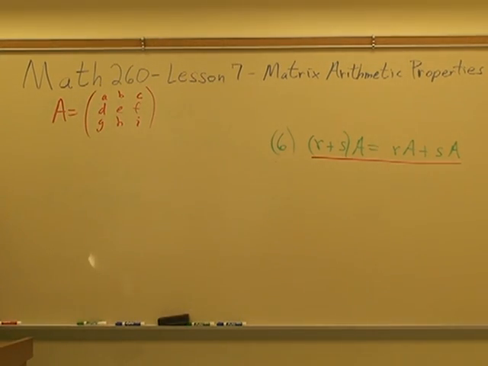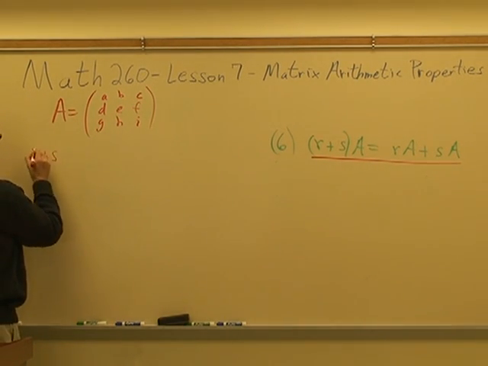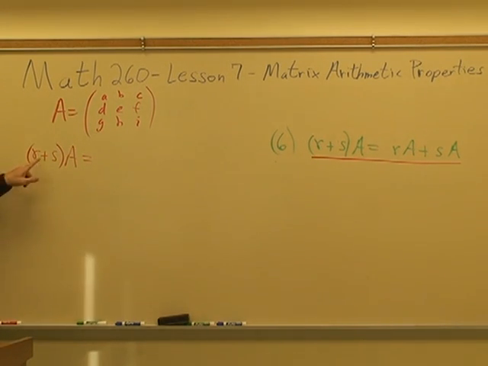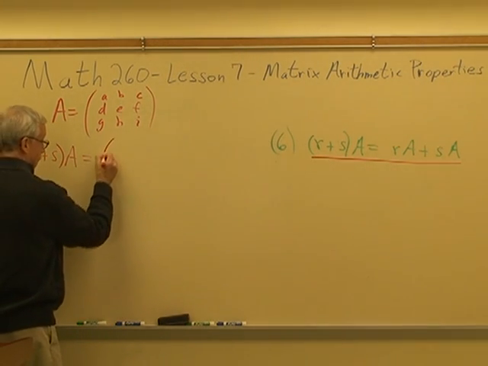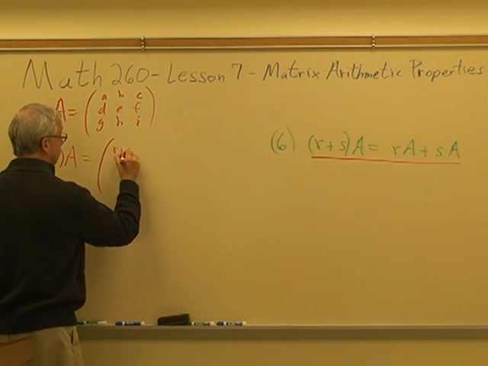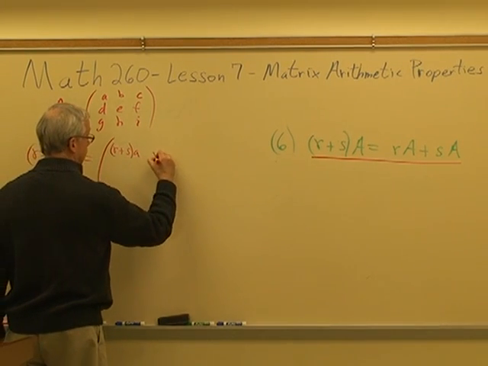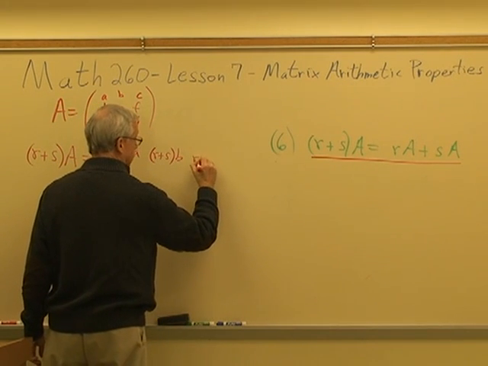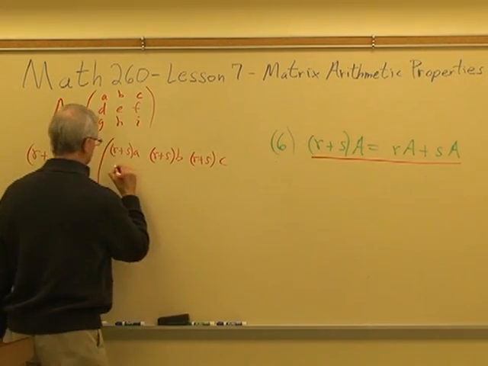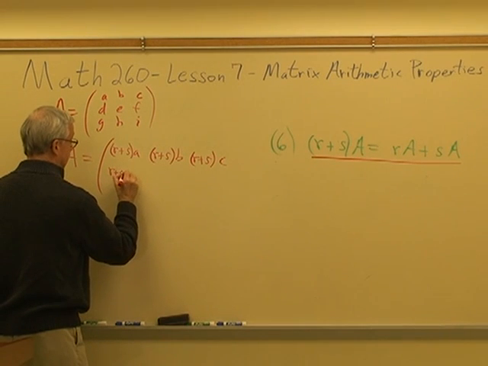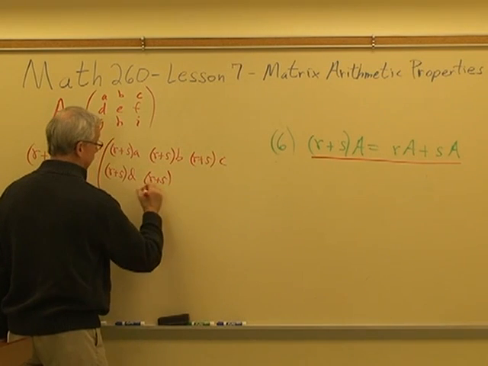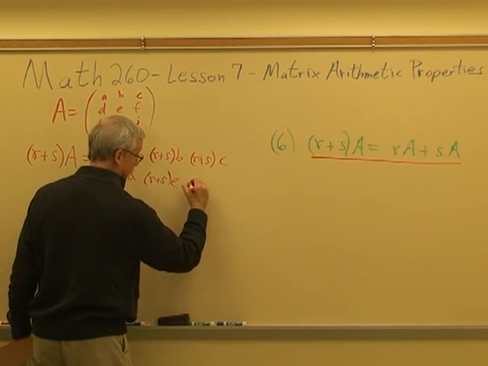And now I want to compute (r plus s) times A. By definition, I multiply the quantity r plus s by each element. Boring, but you have to write it out to see what happens.